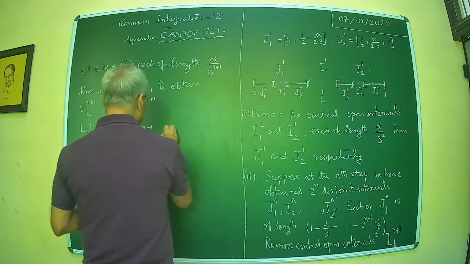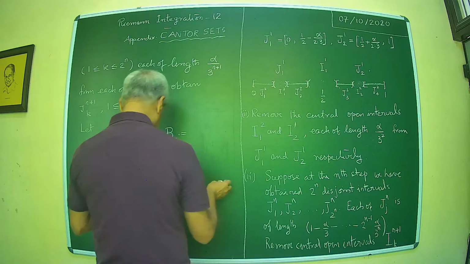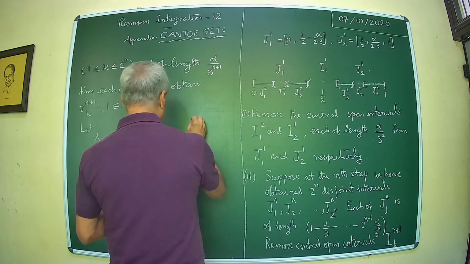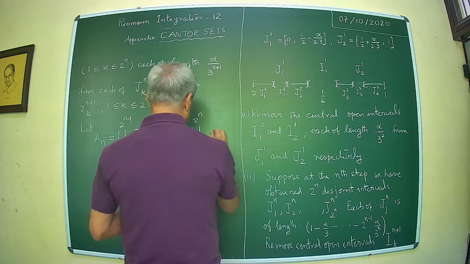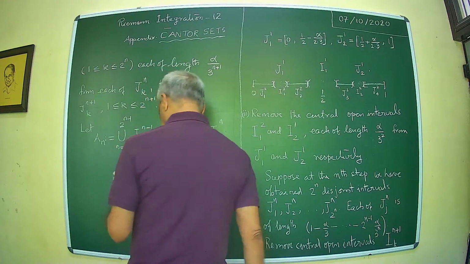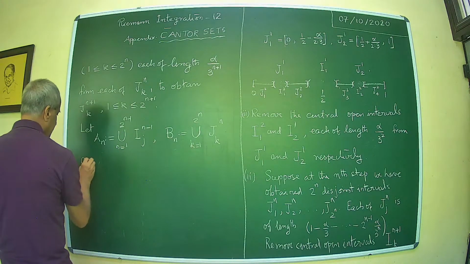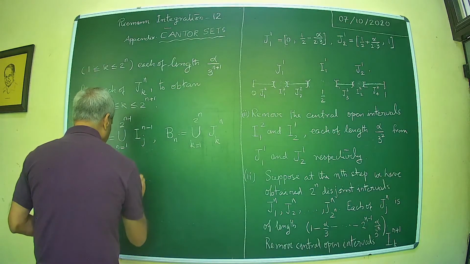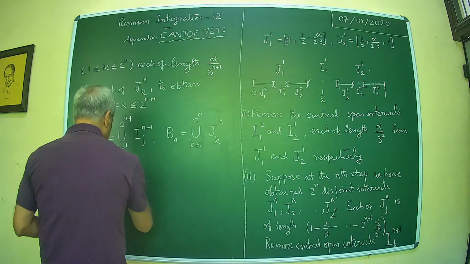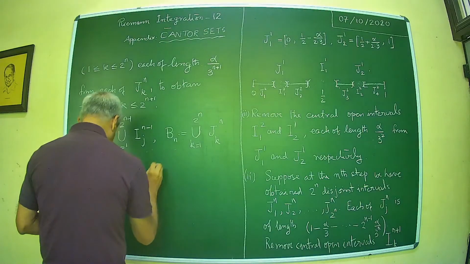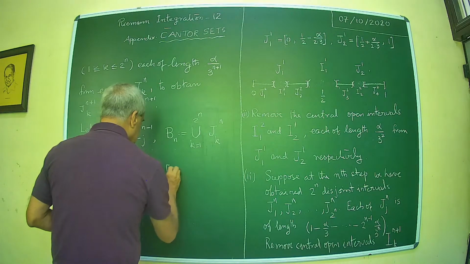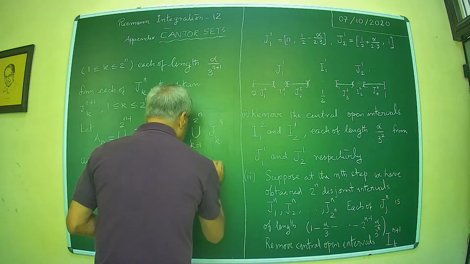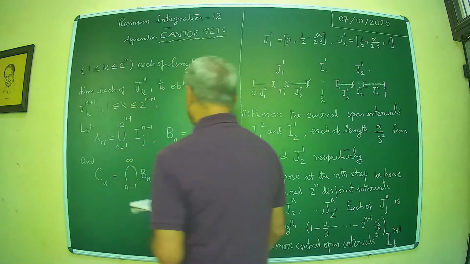And then B_n is defined by the union over k equal to 1 to 2 to the power n of the J's, and we write C alpha as the intersection of the B_n, which is essentially 0, 1 minus the union over n from one to infinity of A_n.